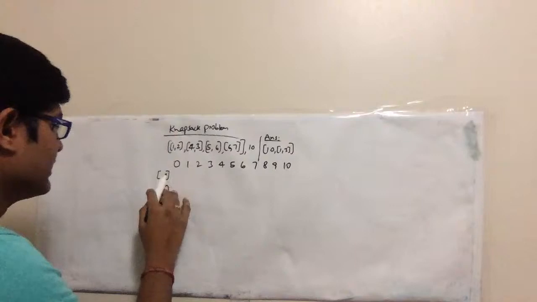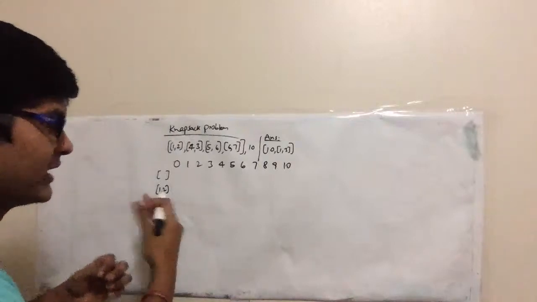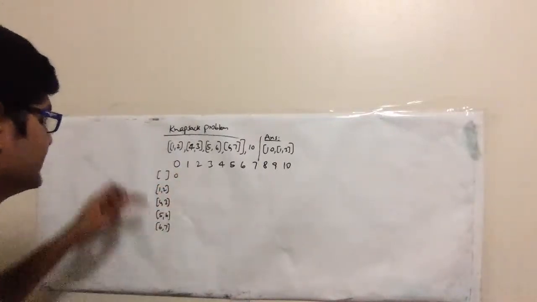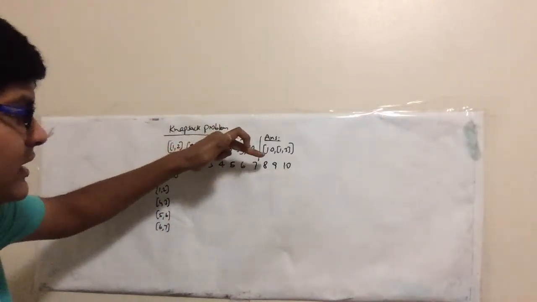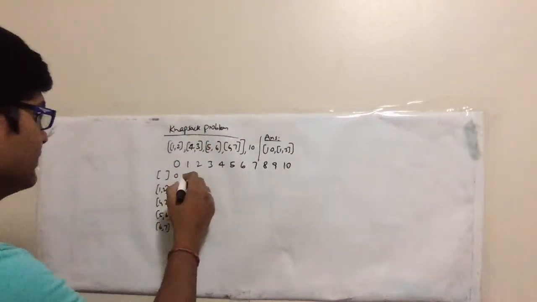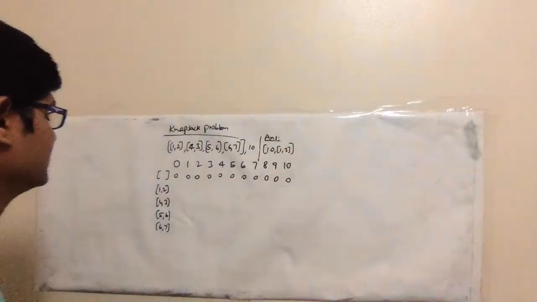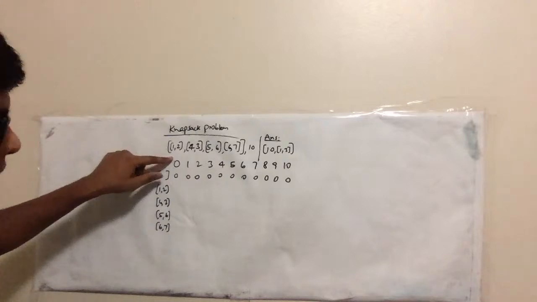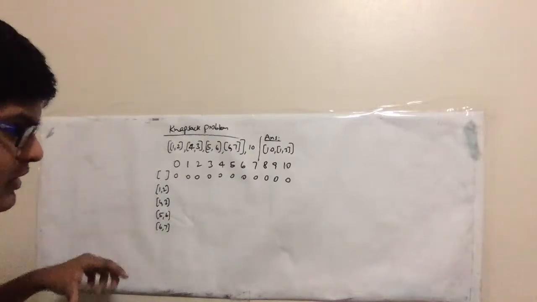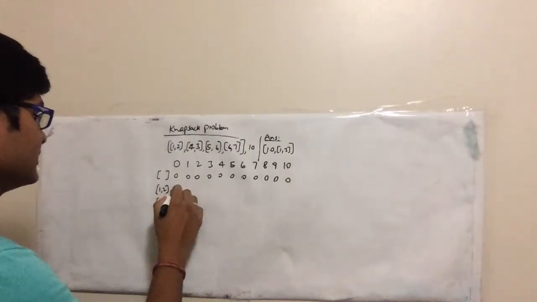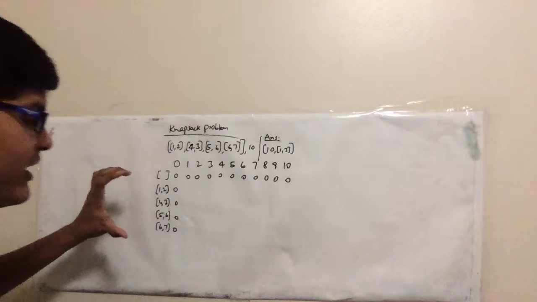So if there are no items and we don't have any capacity of holding, the maximum value it can produce is 0. Similarly, when there are no items, although the capacity of a bag can be anything, it cannot produce any value. So it will still be 0. Similarly, when we don't have any capacity of the bag, although we have items to put, we can't put anything and we cannot get any value. So these are also zeros.